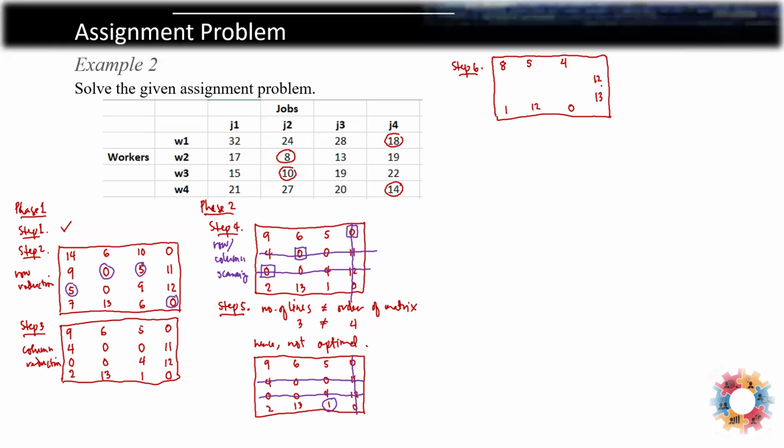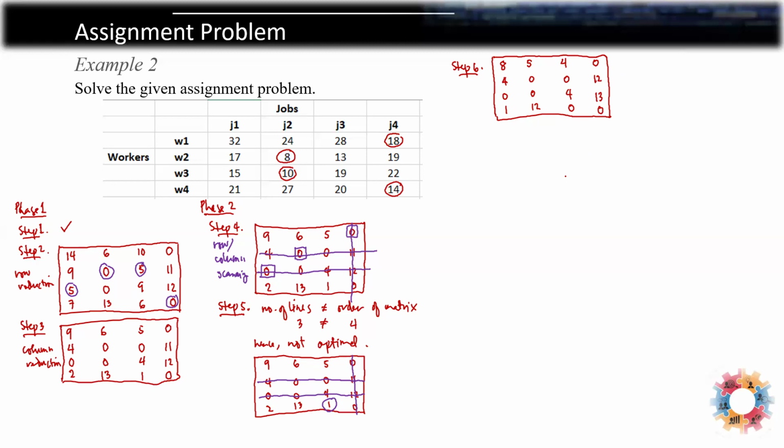Then the rest of those will be left untouched. So let's just copy them. 4, 0, 0, 0, 0, 4, and then 0. Okay? That's step number 6.